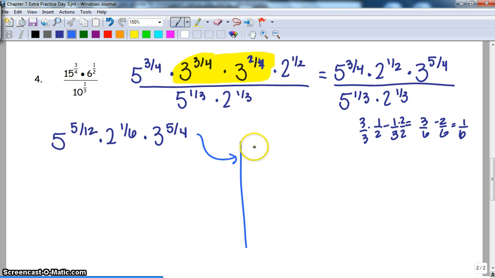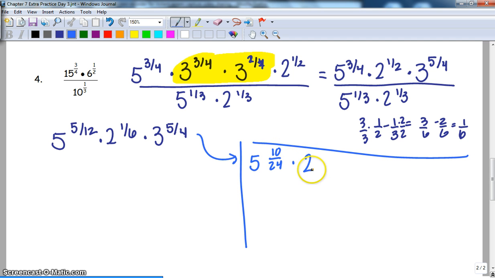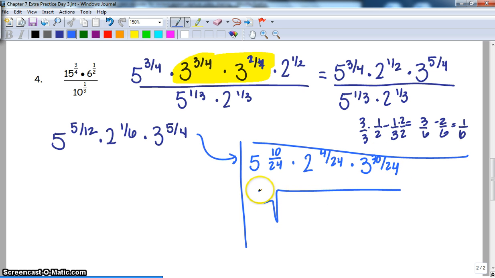This is a little detour. If your common denominator is 24, this would be 10 24ths, 4 24ths, and 30 24ths, which means they can all go under a 24th root, 5 to the 10th, 2 to the 4th, 3 to the 30th.